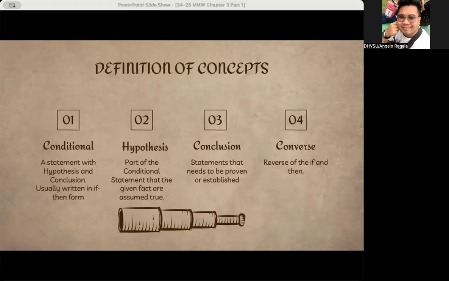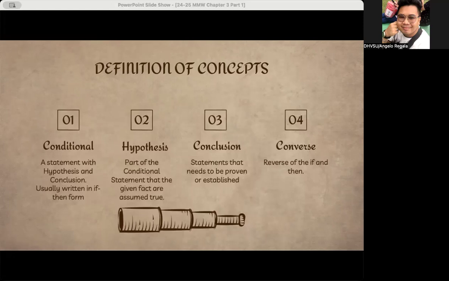When we say conditional statements, these are statements consisting of a hypothesis and a conclusion. Okay? So this is written as if-then statements. Kumbaga, para may consequence. If ganito ang gagawin mo, then ito ang mangyayari sa'yo. So that's what we call a conditional.